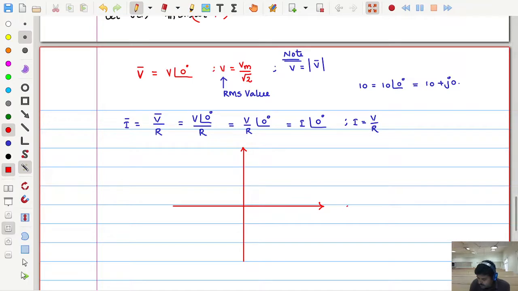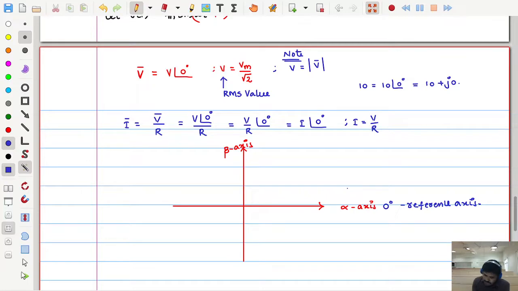This I will call the alpha axis, and this I will call the beta axis, like x and y axis. The alpha axis represents the 0 degree position, which we call most of the time the reference axis.